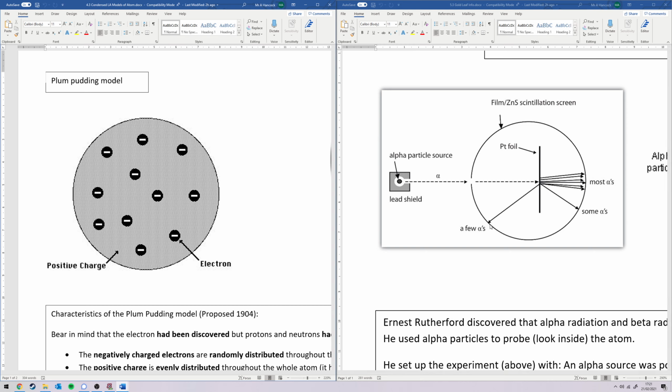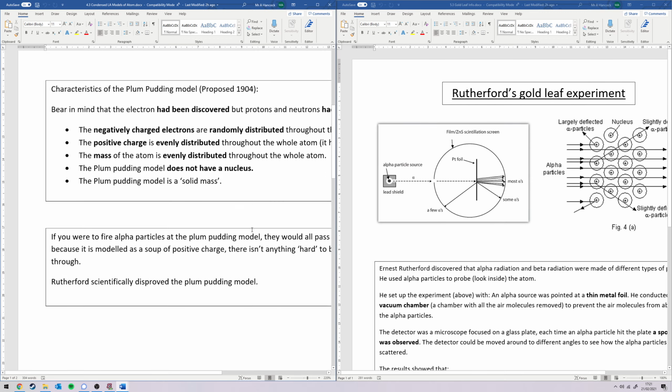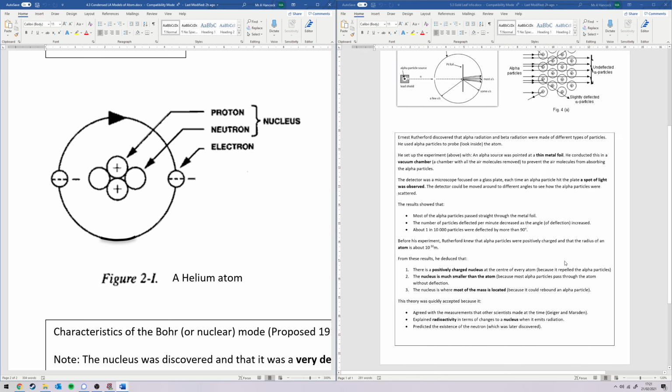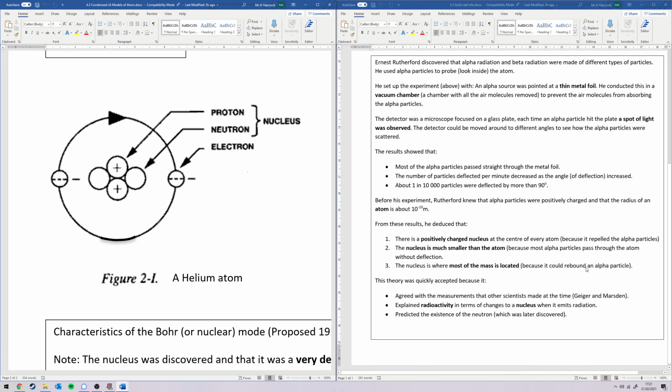Now, Rutherford described that as firing a cannonball at a piece of paper and the cannonball bounced back, because it was so completely against everything they believed at the time, which he then used that information to come up with something like this, saying that the nucleus is small and dense. Now, how did he do that?